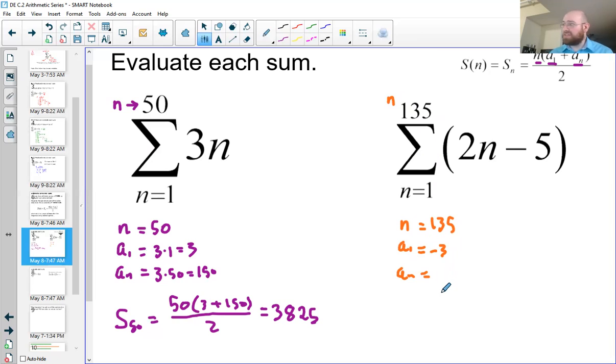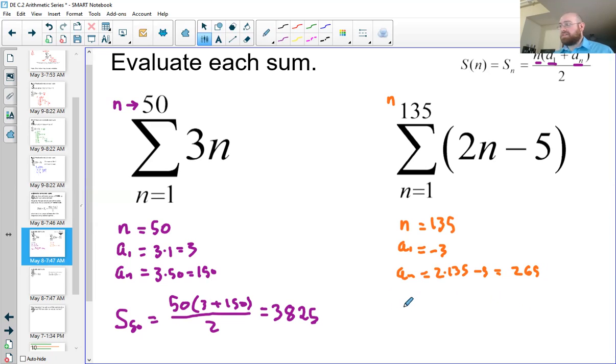And if I plug this into my calculator, I have 2 times 135 minus 5. And so 2 times 135 minus 5 is 265.